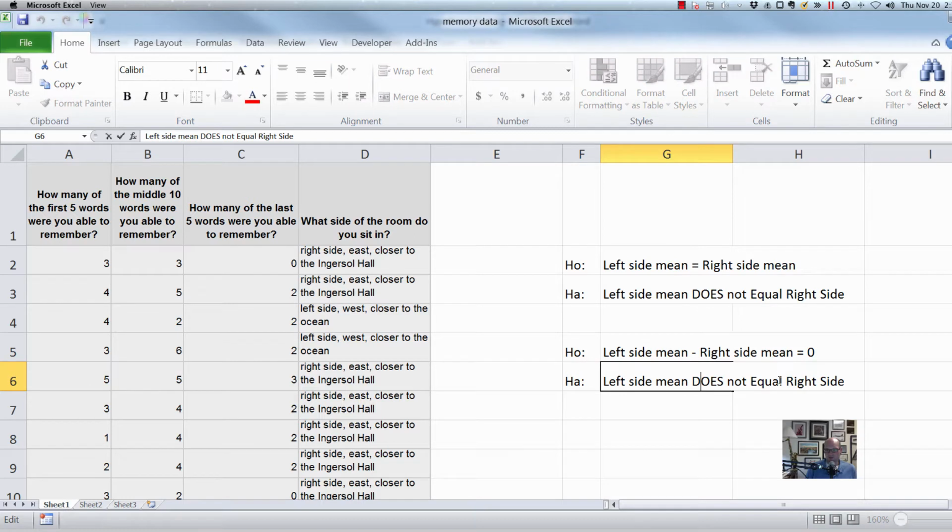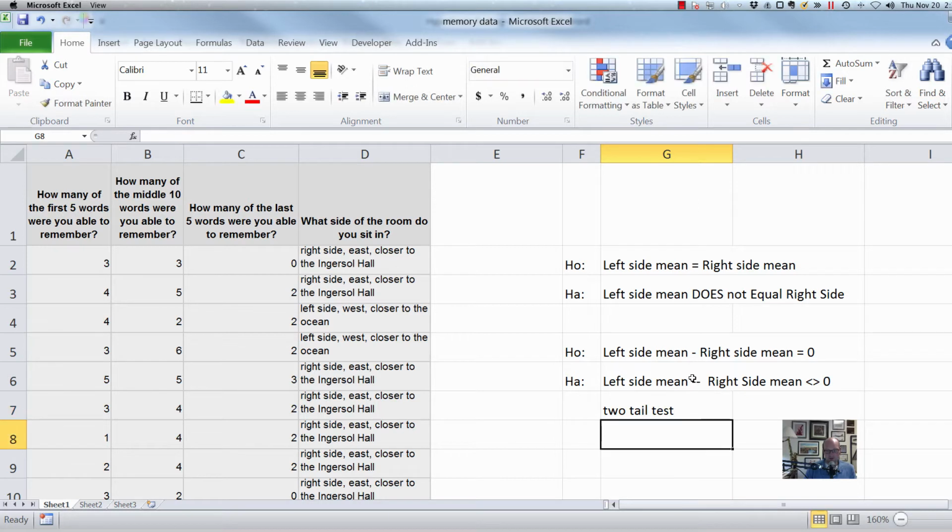For the alternative, if I take the left side mean and subtract the right side mean, then it does not equal 0. Putting the greater than and less than symbols together, like they're eating each other, also means does not equal. So there's our null and alternative hypothesis. This is a two-tailed test. So there's step 1.